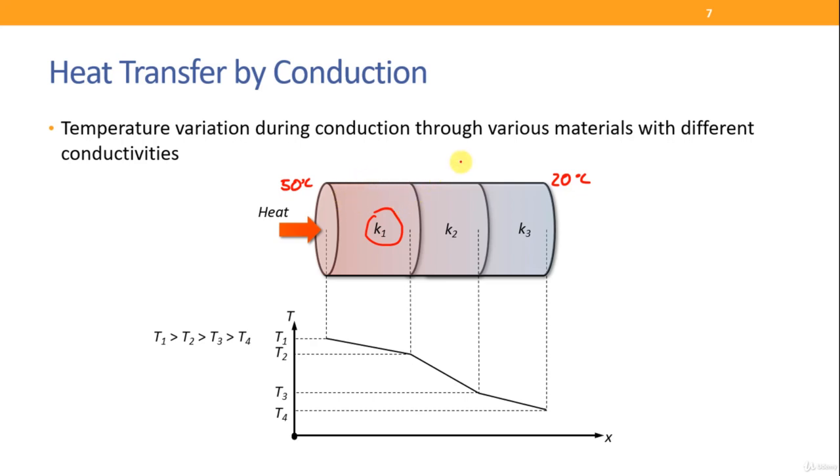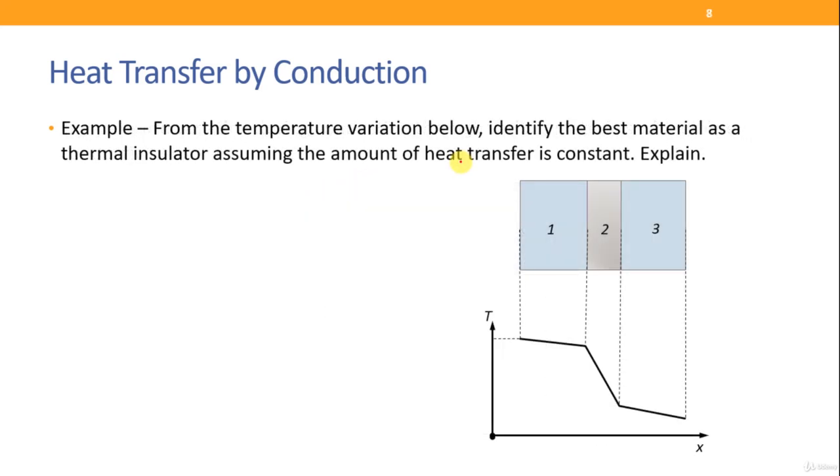So let's look at one example. If we have an example which is similar to the diagram before, and let's say the point of reference is here, and you heat up this particular region to 50 degrees Celsius. So as it travels, from the start of point 1 to the end of point 1, the temperature only dropped by a little bit. So let's say it is 45 degrees Celsius.